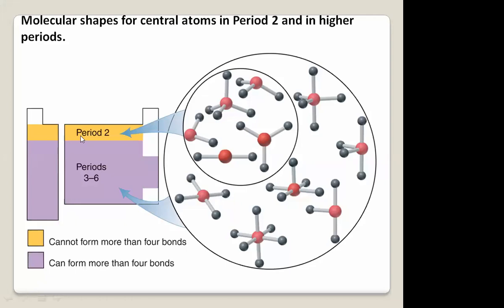So the second period can only undergo sp3 hybridization, sp2 hybridization, and sp hybridization, which is linear.